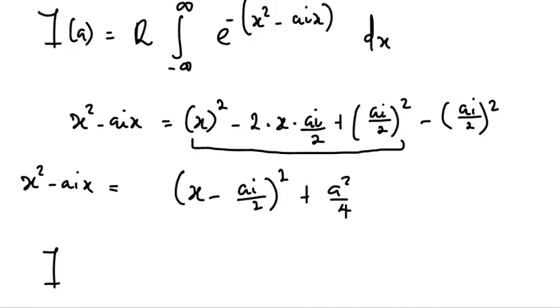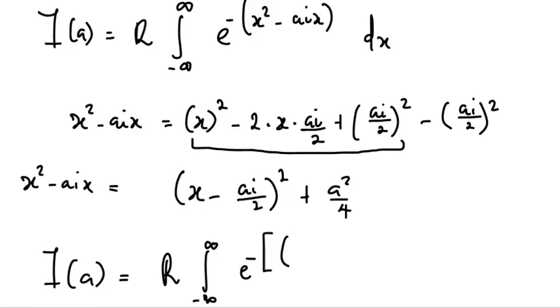So from here, I of a is going to be equal to the real part of the integral from negative infinity to positive infinity of e to the negative... So what do we have? We have (x minus a times i divided by 2) whole squared plus a squared divided by 4, and here we have our dx.